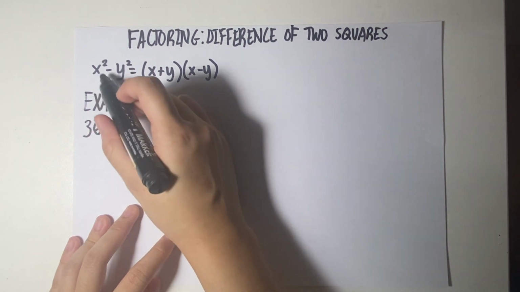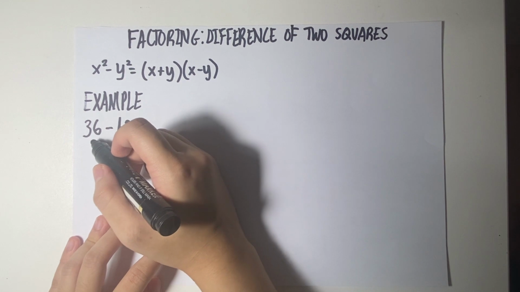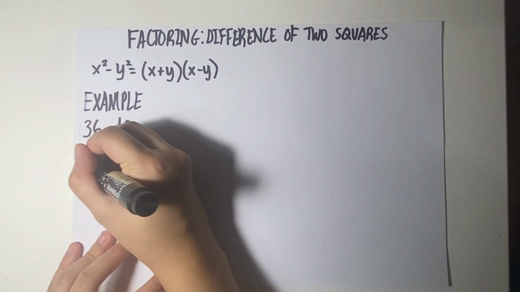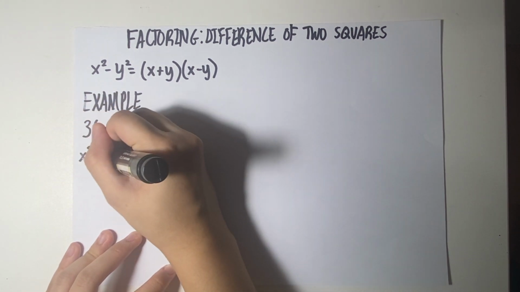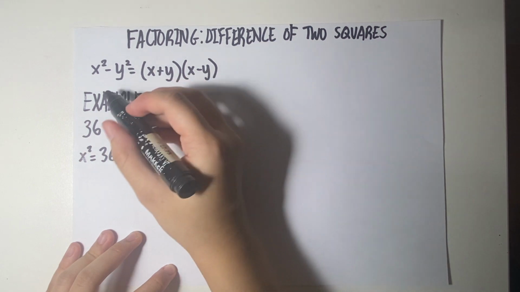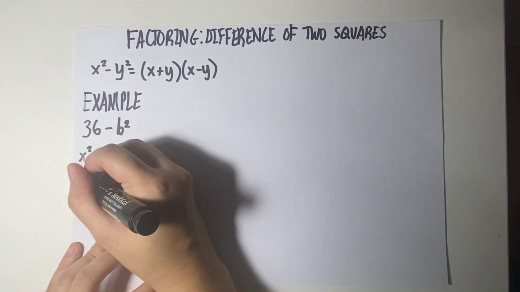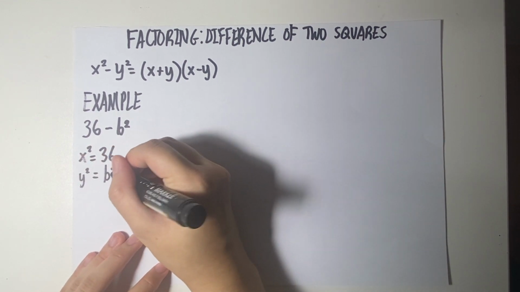Okay, so in our case, x squared is equal to our 36. So let's solve it using that. x squared equal to 36, and the y squared is equal to our b squared.